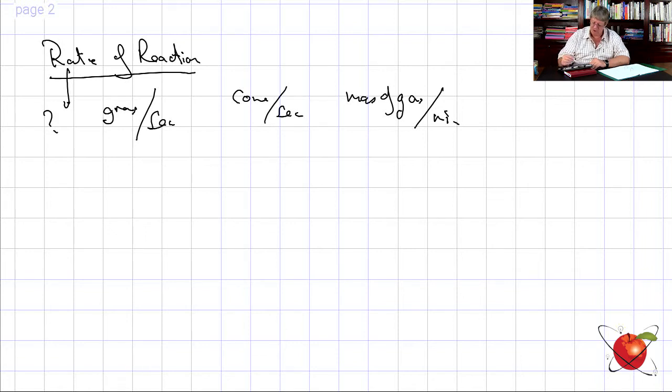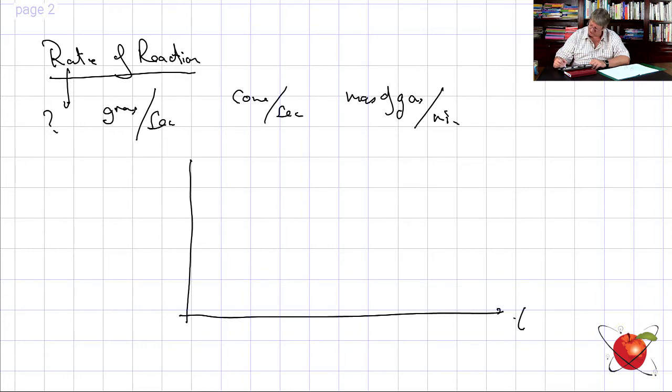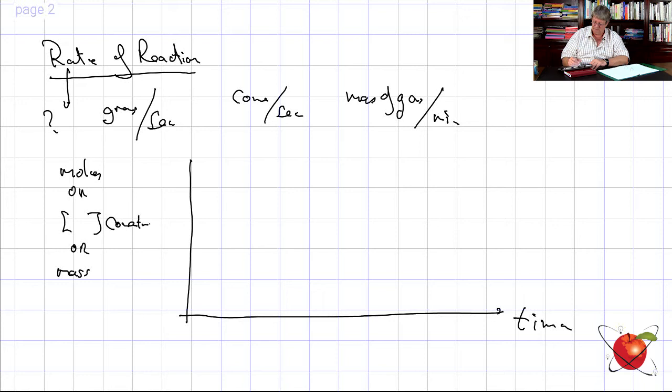Moles, concentration, or mass. So let's look at a graph over here. This is time. This over here is going to be moles, or concentration, the square brackets, or mass. Now, let us have a look at a reactant first.